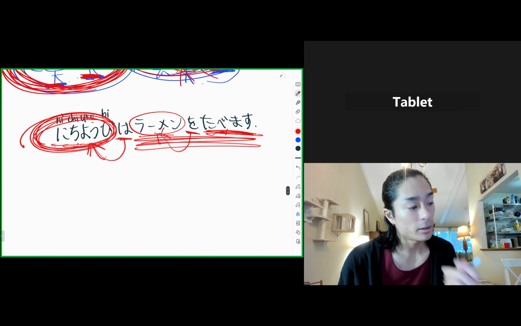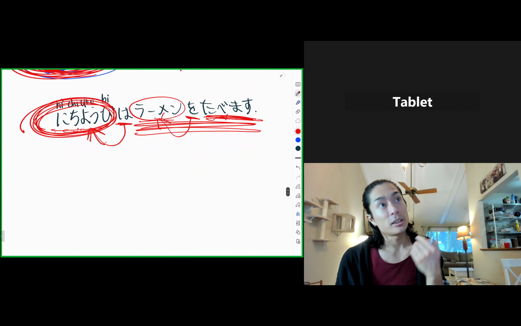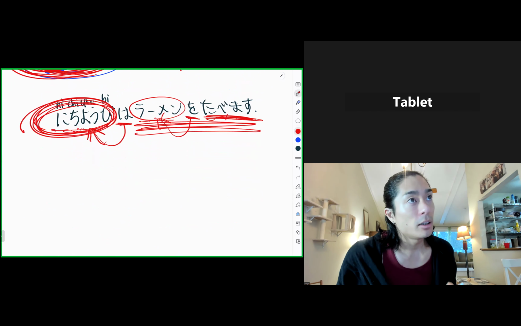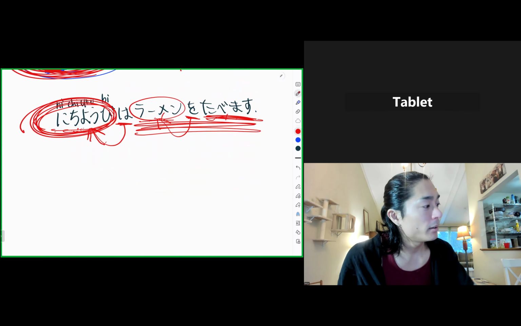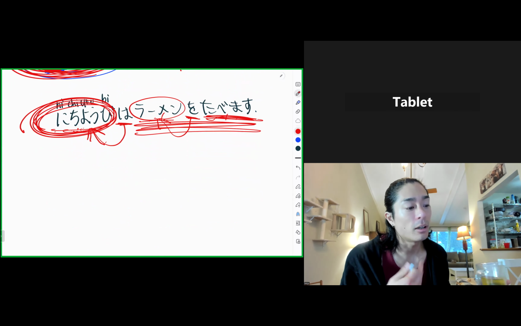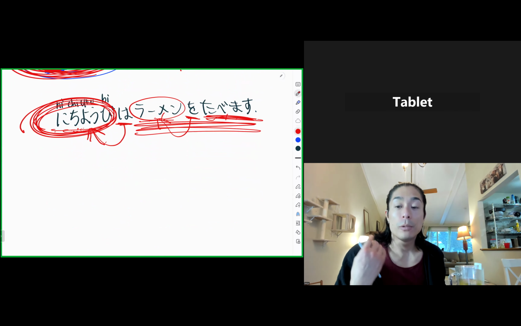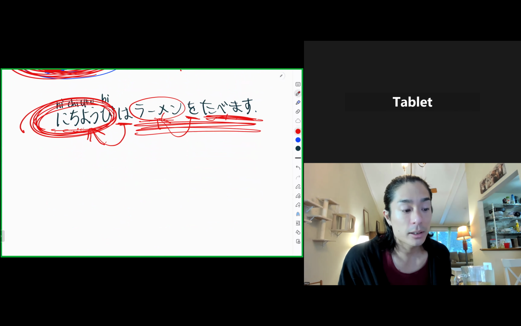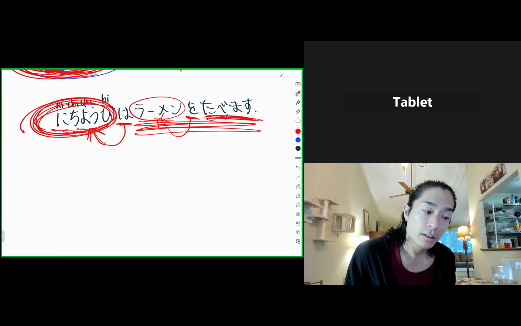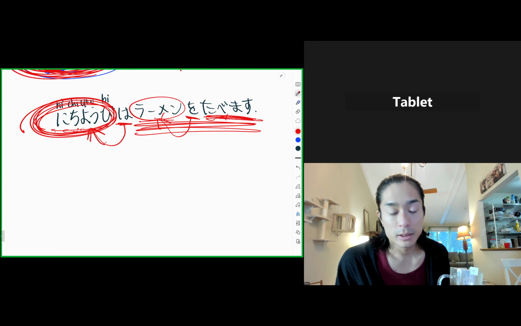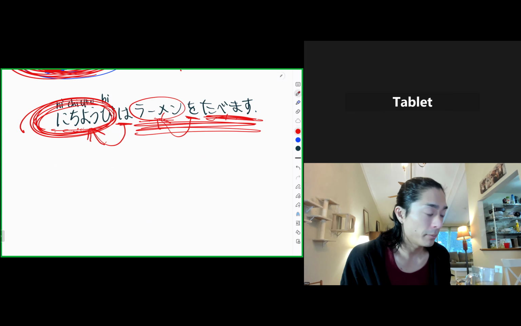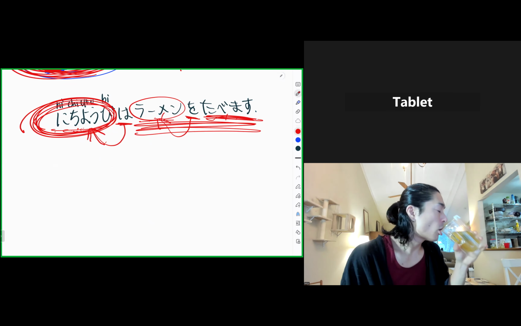I mean, English too, you can technically do it, but it's usually in a colloquial way, casual, not officially. But in Japanese, we can omit subjects and use them in formal documents and stuff. So yeah, we can basically officially do it.